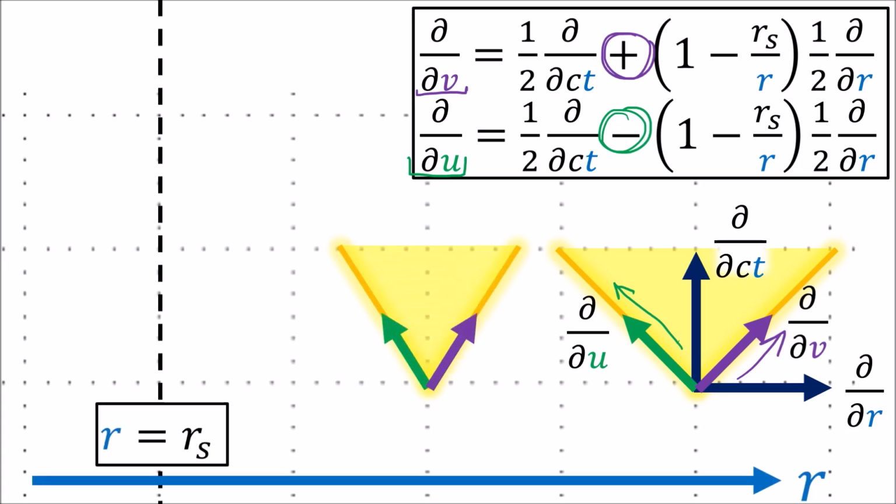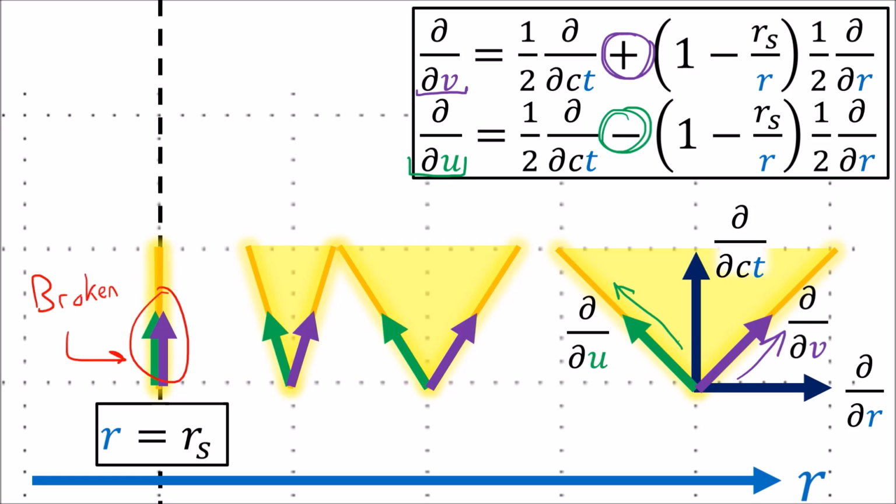As r approaches the event horizon, the r components get smaller and smaller until the light cone closes up, and the u and v directions overlap on the event horizon. So this new coordinate system still breaks on the event horizon. We can't have a 2D coordinate system where both coordinates point in the same direction.